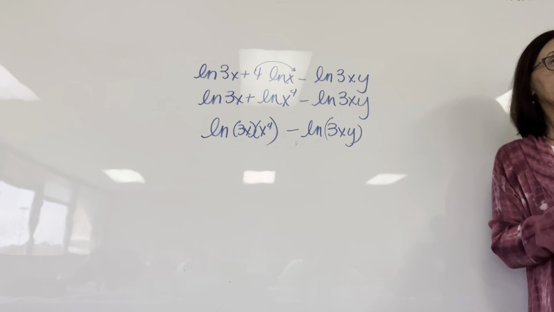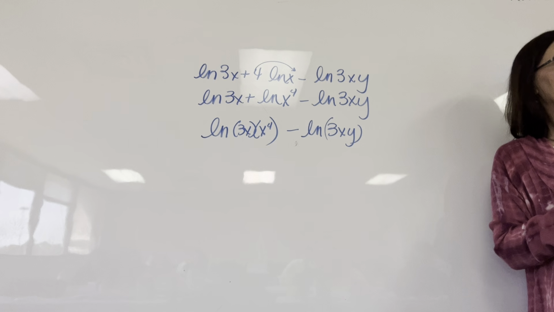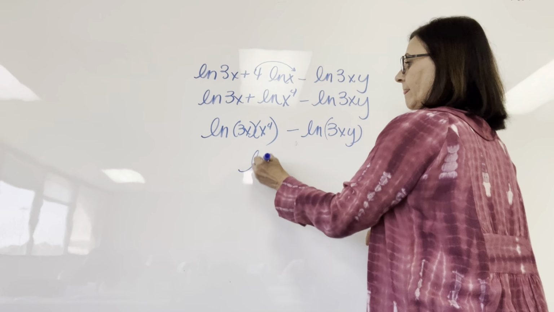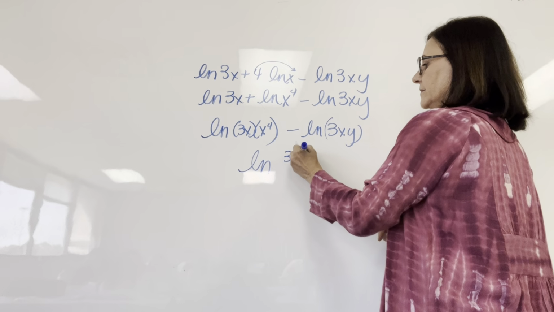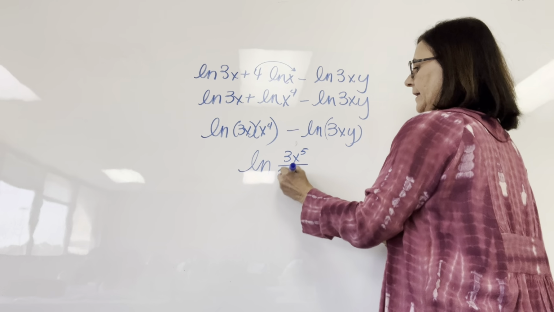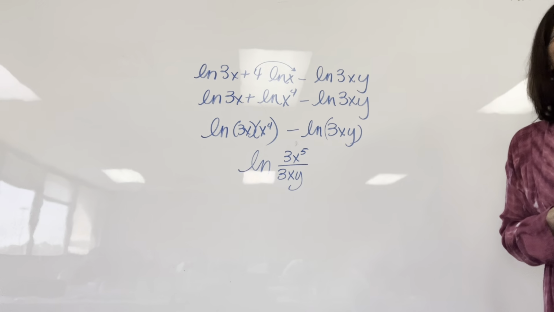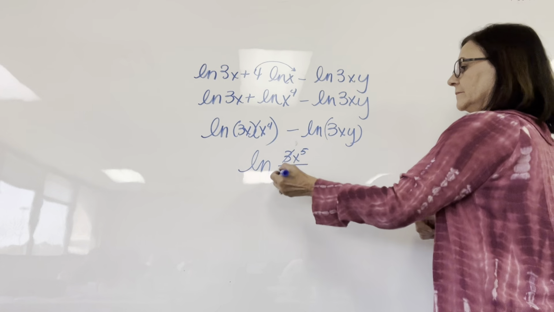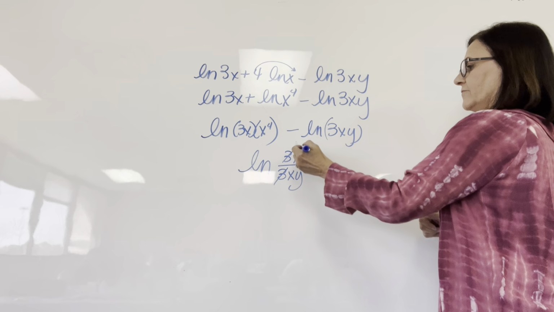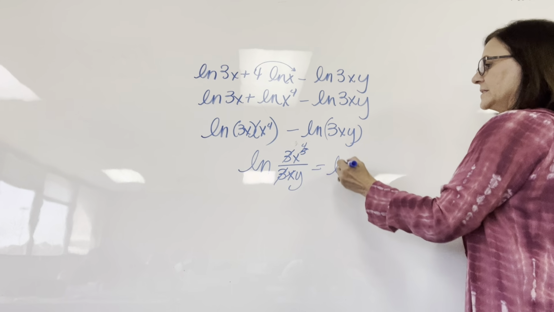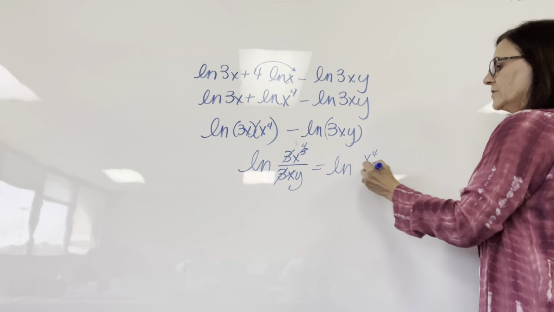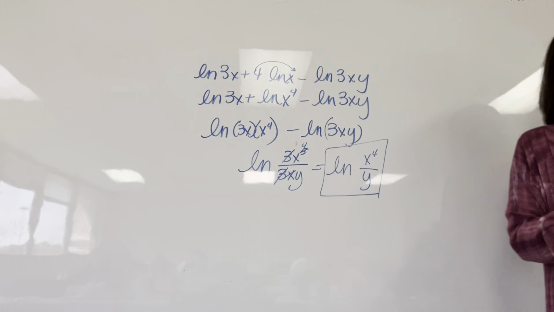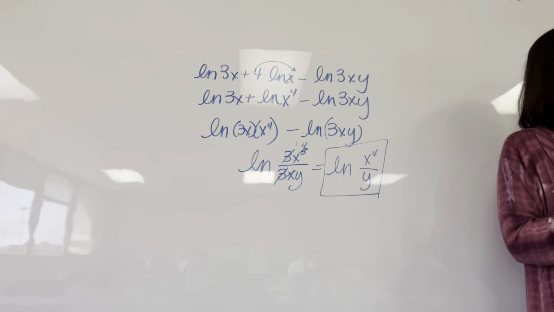All right. Subtraction is division of the arguments. So that's 3x to the 5th over 3xy. All right, now can I simplify that argument? Sure. So it's the ln of x to the 4th over y. Got it?